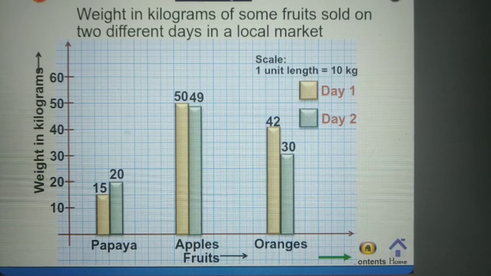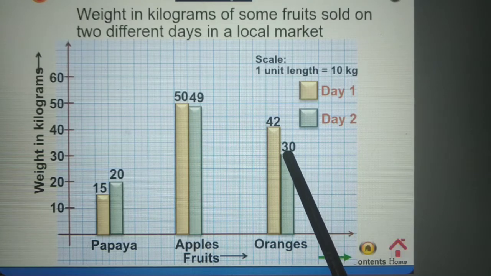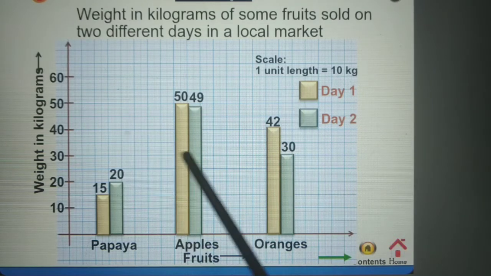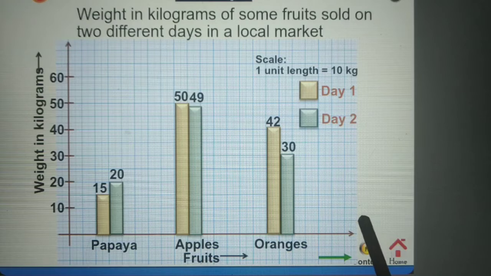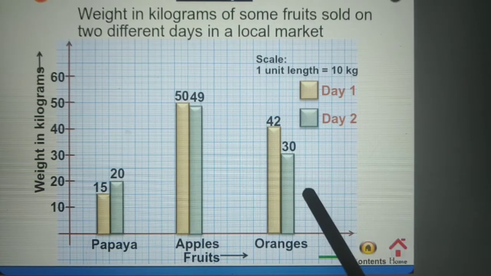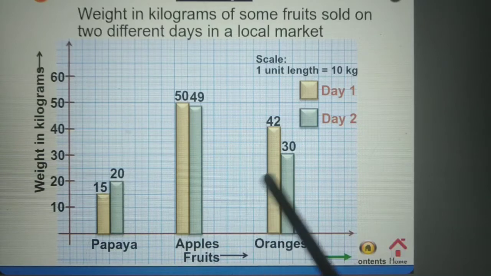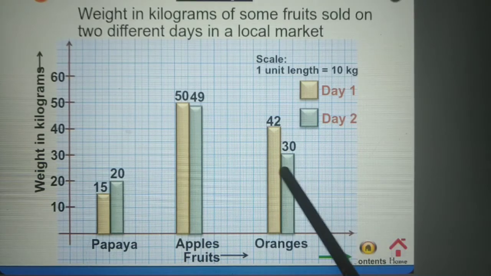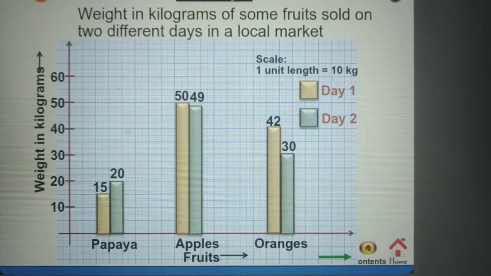Or I want to know how many oranges are sold on the second day, that is 30 kg. So I get so much information from the double bar graph. Basically this is for comparison. Now you can tell me from this which fruit is sold more on the second day.